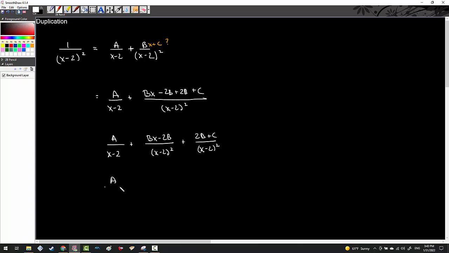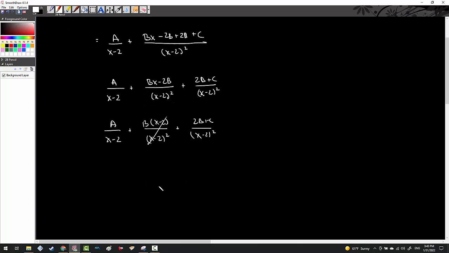So I have a over x minus 2 plus b times x minus 2 over x minus 2 squared plus 2b plus c over x minus 2 squared. Well, if you notice, the x minus 2's are going to cancel each other out. And I end up with a over x minus 2 plus b over x minus 2 plus 2b plus c over x minus 2 squared.